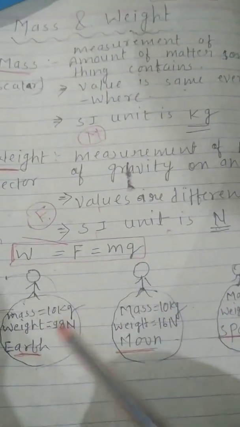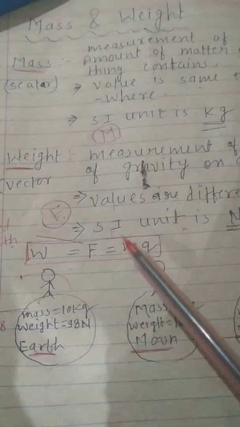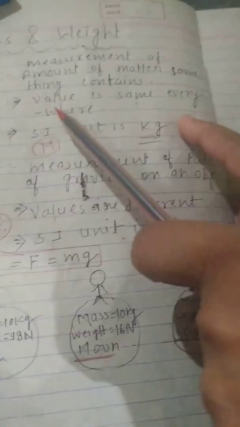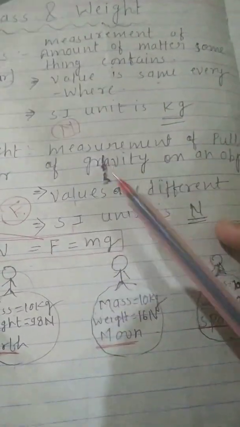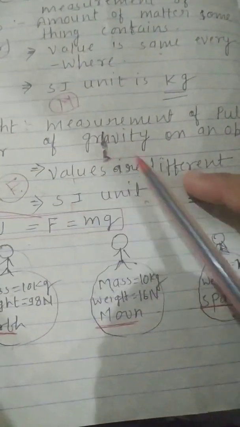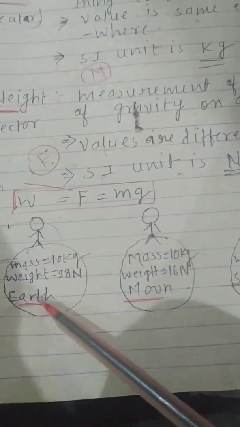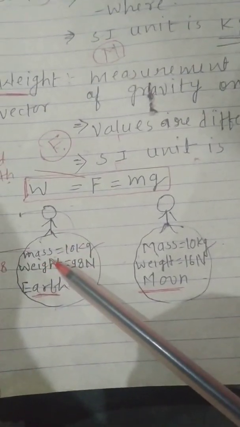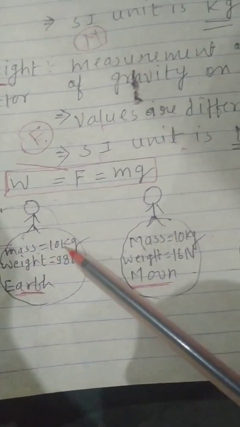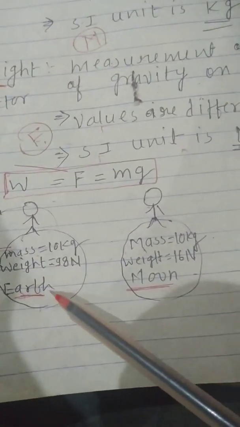Here is one picture. One main point is that the value of mass is the same everywhere, but the value of weight is different. Here are three places: earth, moon and space. One person has a mass of 10 kg and weight of 98 Newton on the earth.